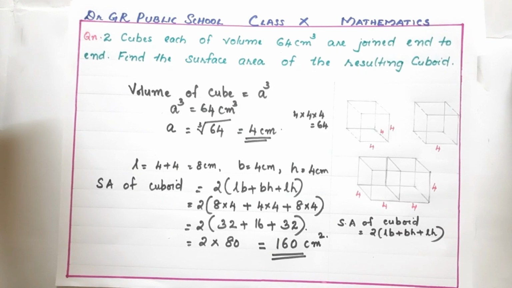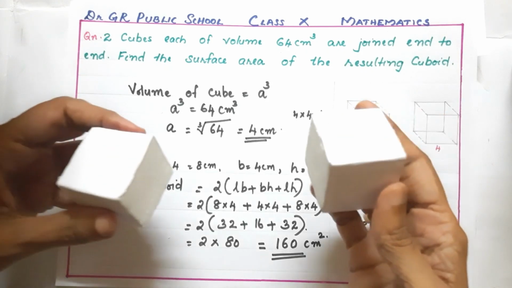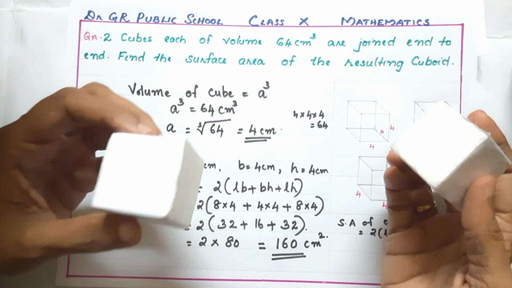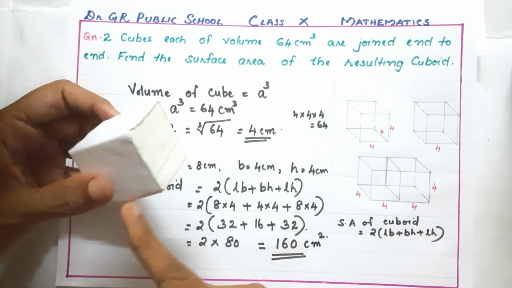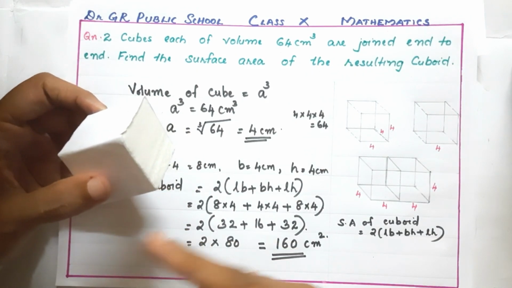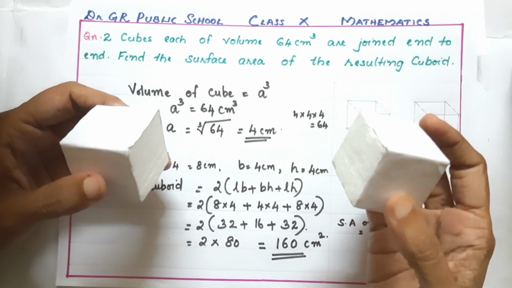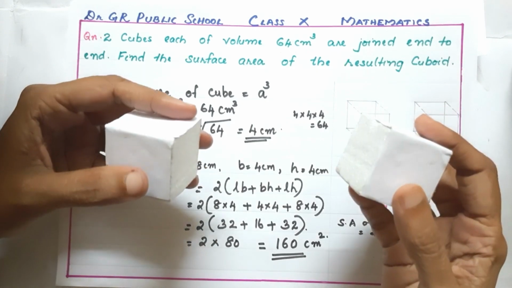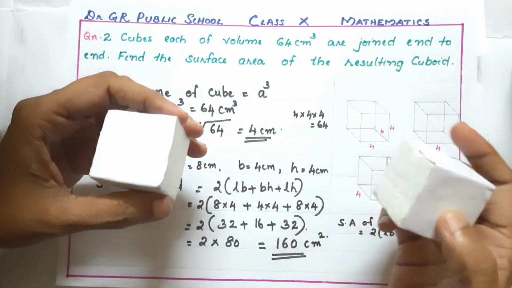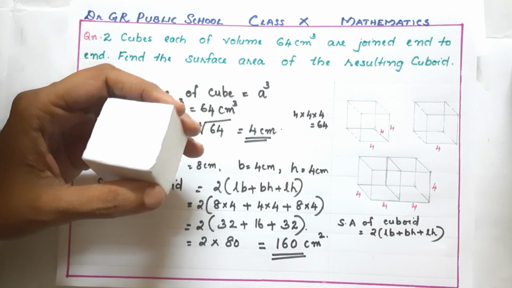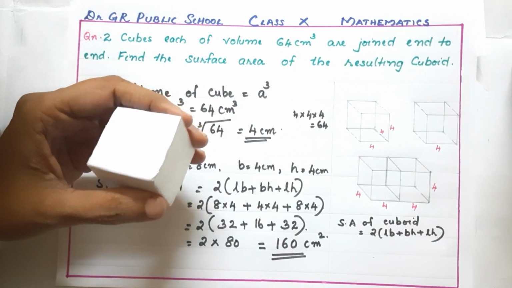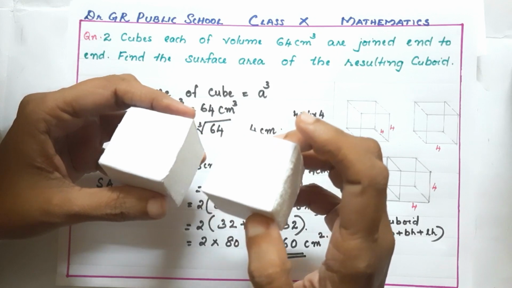Now, do you know why I said no to add the surface areas of these two cubes separately? You can find out the surface area of this cube because we know the edge of this cube, and you can find out the surface area of the second cube itself also. So, you may think why we can't add these two surface areas to get the resulting surface area. But you should notice one thing.